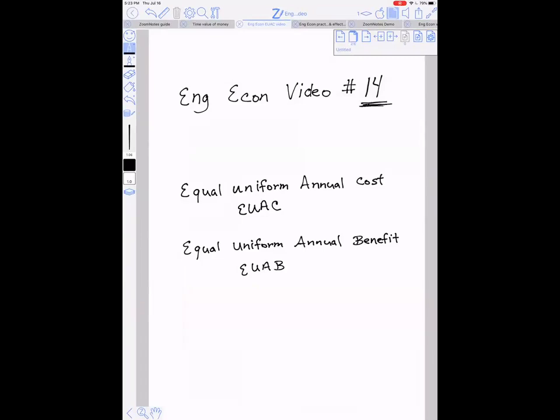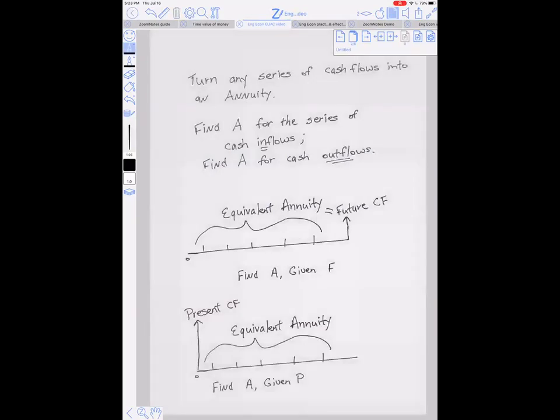And today this is a short video on equal uniform annual cost, otherwise known as EUAC, and equal uniform annual benefit calculations. That one is known as EUAB for benefit. So what we want to do in an EUAC or EUAB calculation is to turn any series of cash flows into an annuity.